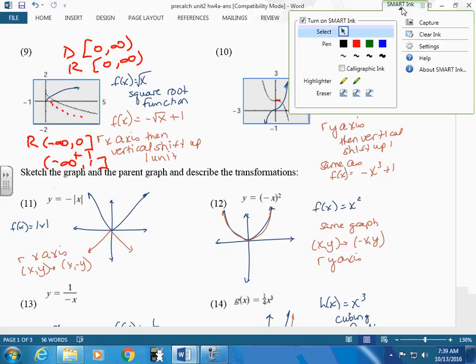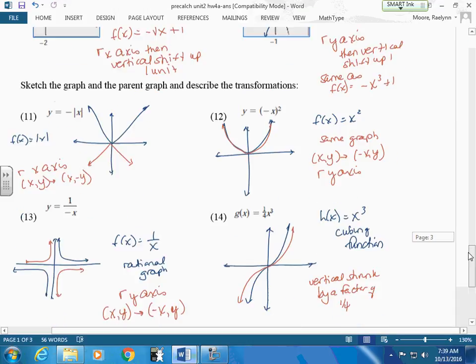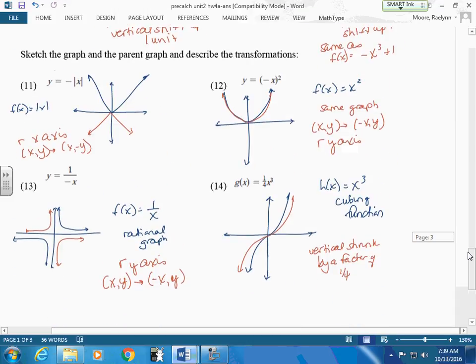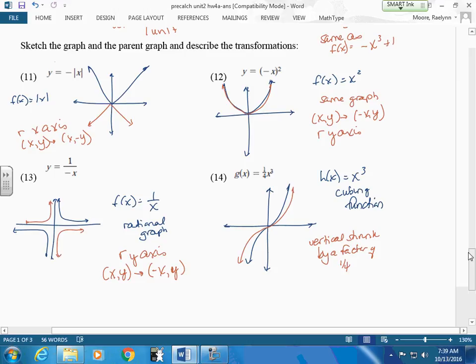Okay. And the last guys, you have an absolute value with the negation. So that gives you a reflection in your x-axis. What changes, the domain or the range? Range. So your new range becomes what?